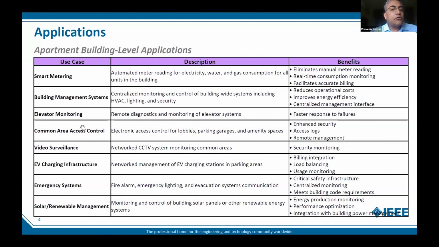Then elevator monitoring, so it can be monitored and controlled remotely. Then common area access control, such as controlling the gate, monitoring the parking area, and video surveillance.